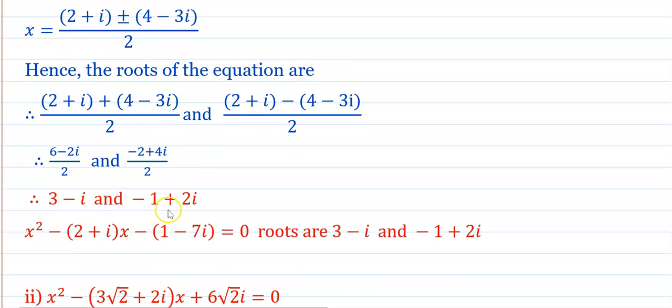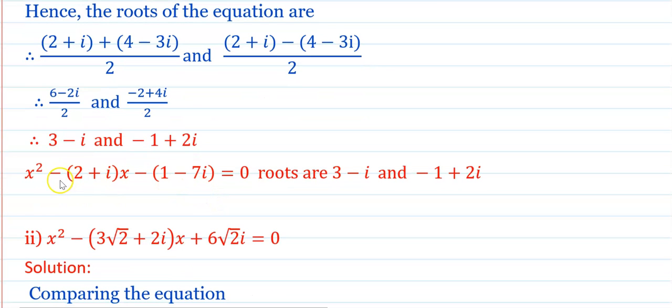4i upon 2. Then simplify this: 6 upon 2 you will get 3, minus 2i upon 2 you will get minus i. And minus 2 upon 2 is minus 1, 4i upon 2 you will get 2i.